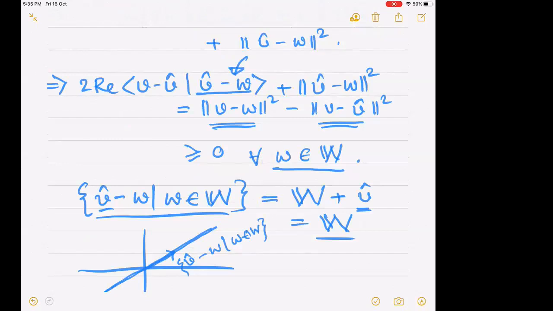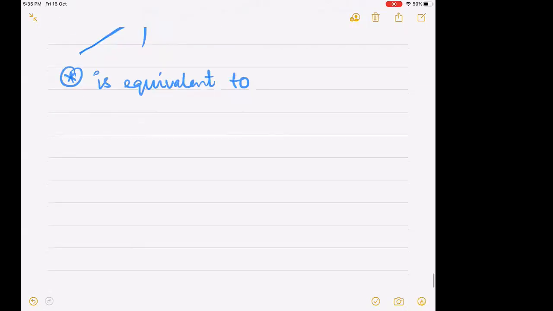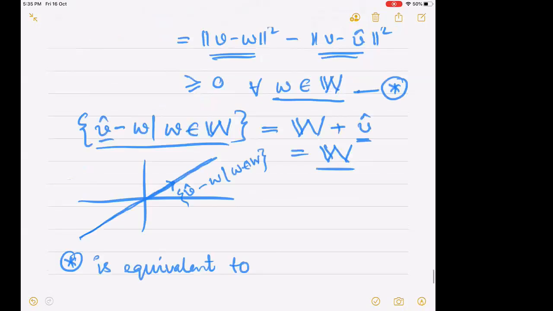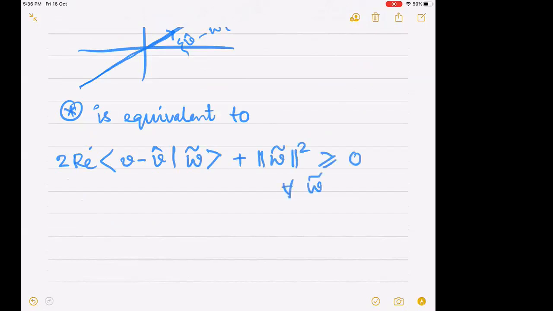So then this inequality, star, is equivalent to 2 times the real part of ⟨V − V̂, W̃⟩ plus ‖W̃‖² greater than or equal to 0 for all W̃ in W. I hope this makes sense.